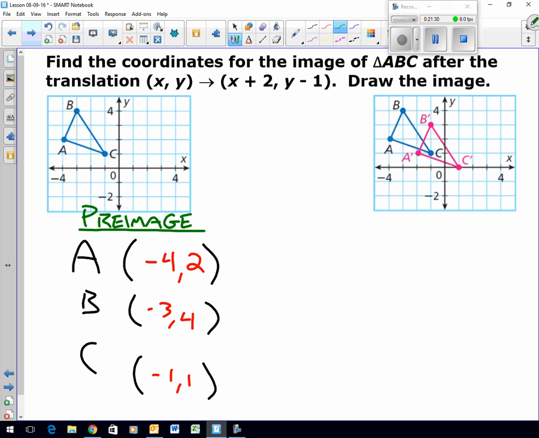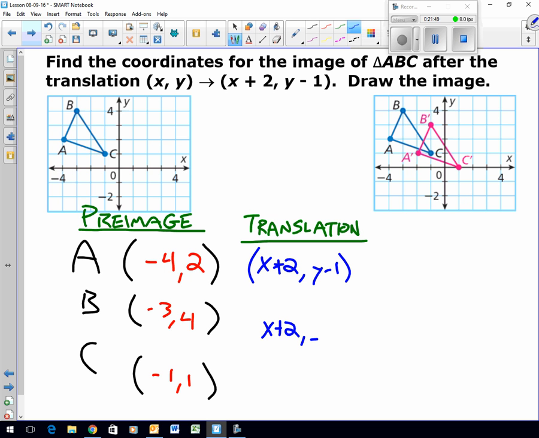Now, check it out, y'all. Here's the translation, which means a slide, that I want you to apply in this problem. I want you to take those x coordinate points and add 2. I want you to take the y coordinate points and subtract 1. And you're going to do that for each particular set of coordinate points.